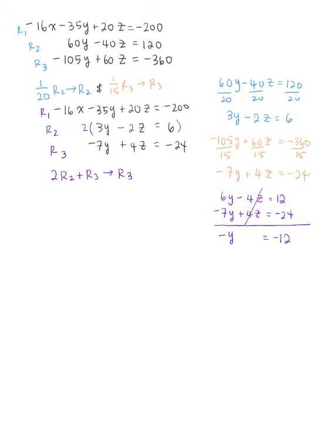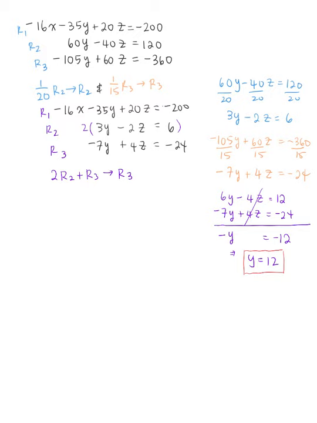Oh, look at that, yay! And dividing by negative 1, that implies that y equals 12. Yes, so once we got y equals 12, then I can solve for z, and then I can solve for x. Okay, so let's do this. So now I'm going to plug y equals 12 into the second equation.